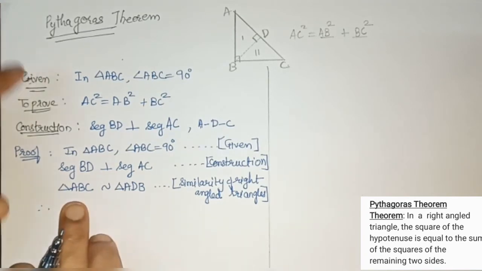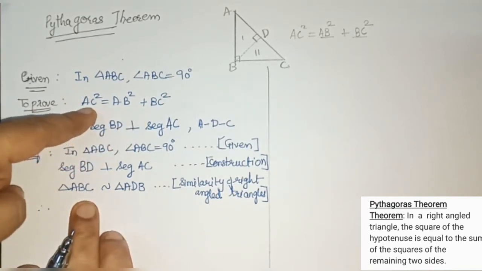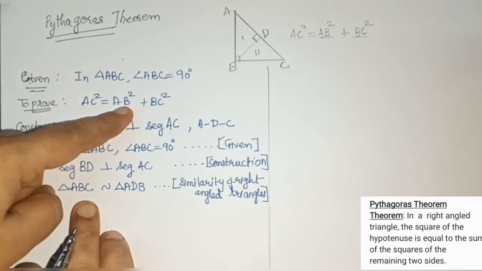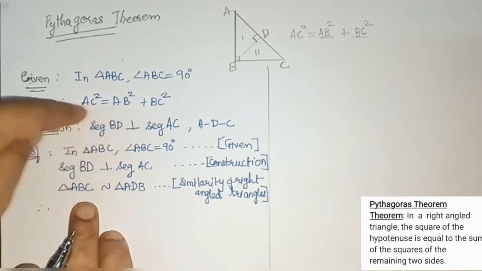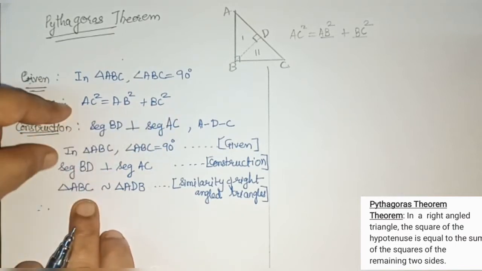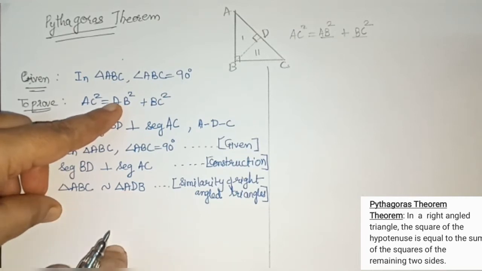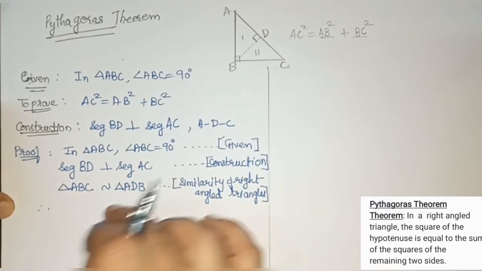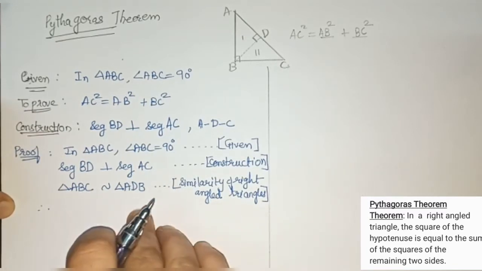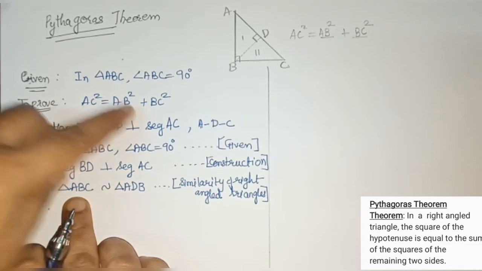now always before writing the ratios, see what is the requirement. So the requirement is AC square is equal to AB square plus BC square. So we need any of these squares to be formed. Okay, so for the squares to be formed in the ratios, while writing the ratio of corresponding sides of similar triangles, we need that the segment should be repeated.